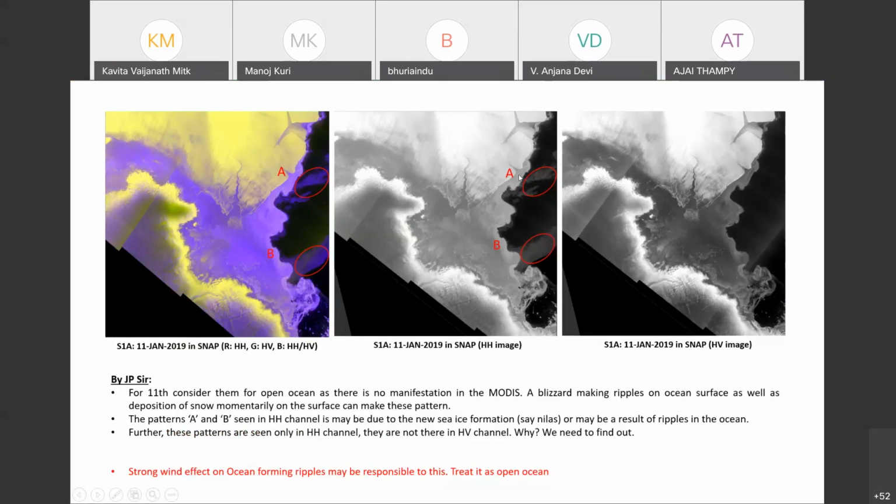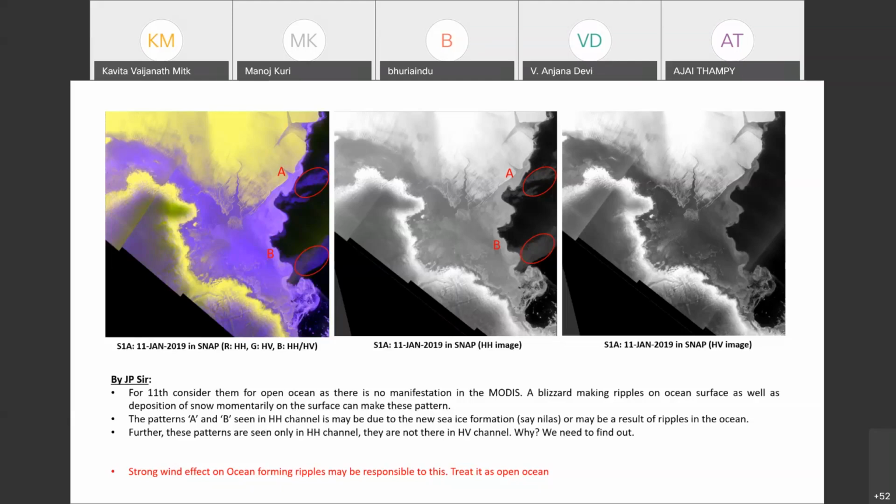But if you see the HH and HV separately, this particular portion is visible in HH, but it is not visible in HV. And some textural pattern is seen. This is not sea ice, and it does not represent any feature. So what is it?